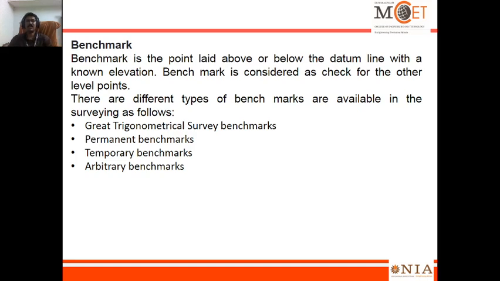So the following are the types of benchmarks. There are different types of benchmarks: Great Trigonometrical Survey benchmark, shortly called GTS benchmark, permanent benchmark, temporary benchmark, and arbitrary benchmark, right? So there are 4 major types of benchmark, we will see one by one.